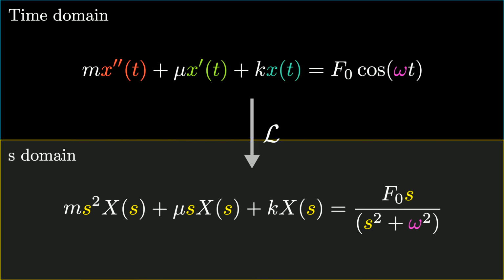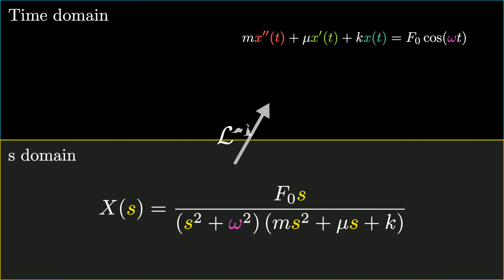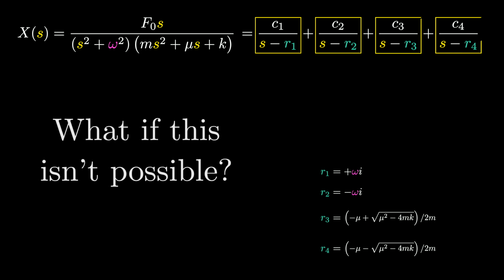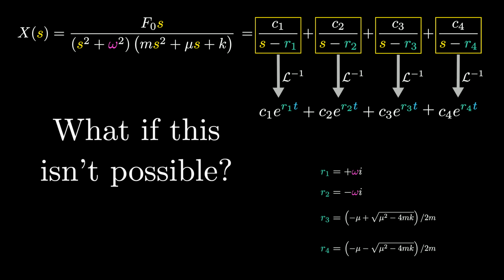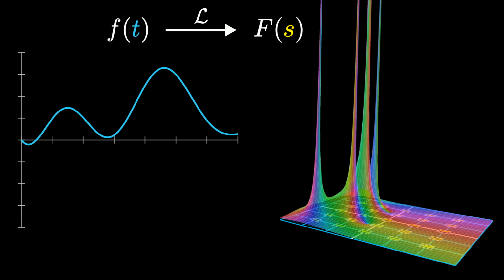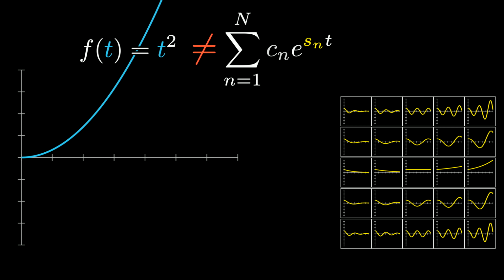If you look back at our differential equation example, in that very last step, where we inverted the process to recover the original function, a perfectly reasonable question to ask would be, how is this supposed to work if you can't necessarily break the result into these clean fractional pieces? That question is very closely tied to the question of what Laplace transforms mean if your original function cannot be broken down into a discrete sum of exponential pieces in the first place.